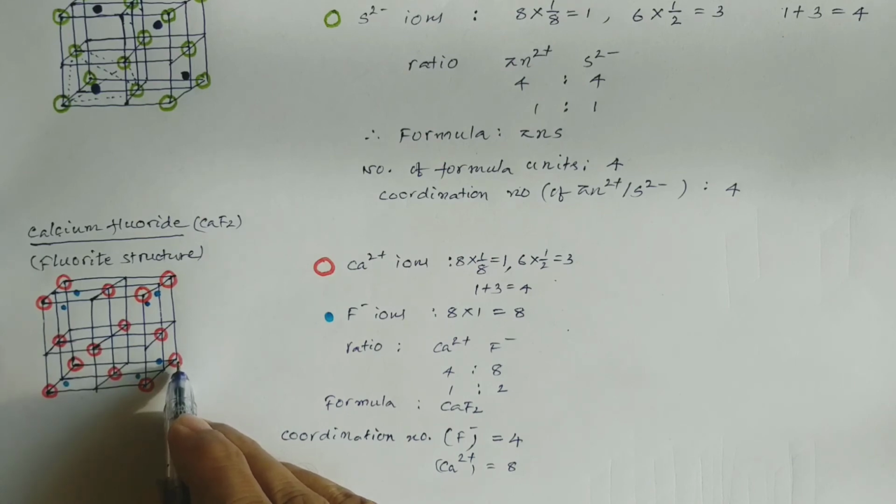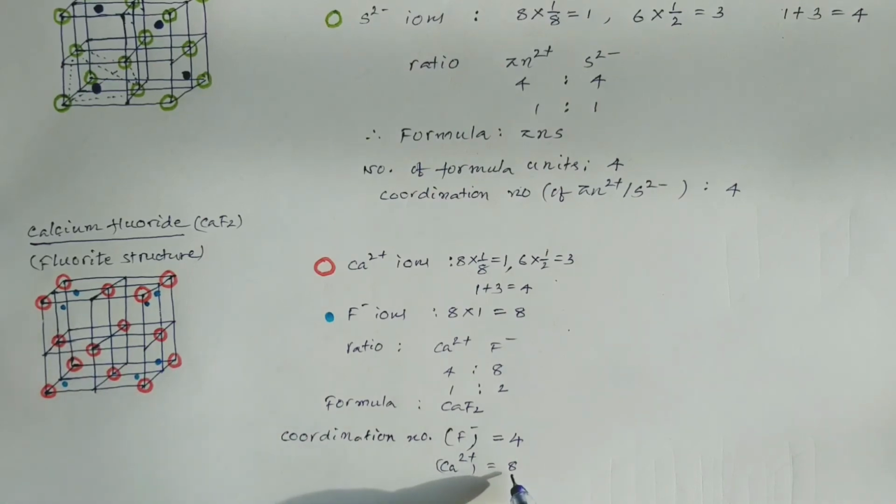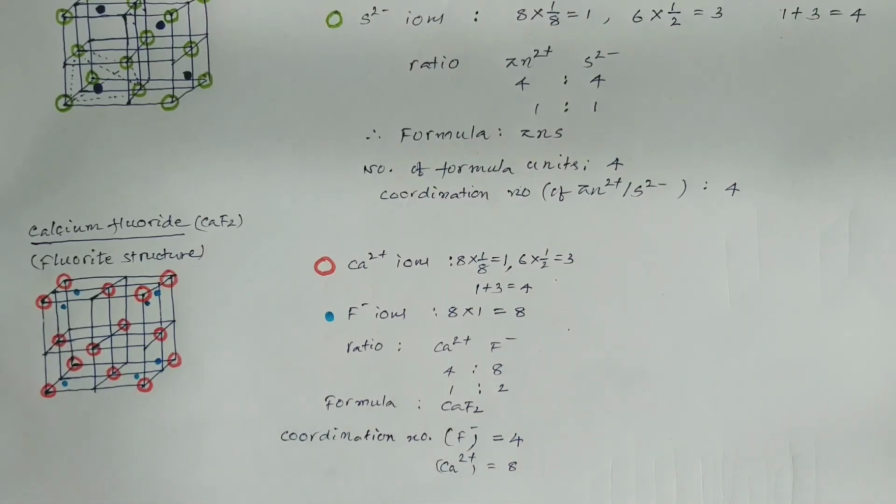And each unit cell has one tetrahedral void in the corner. So that means one fluoride ion will be there in the tetrahedral void. So in total there will be 8 fluoride ions around this calcium. So coordination number is 8. Okay.